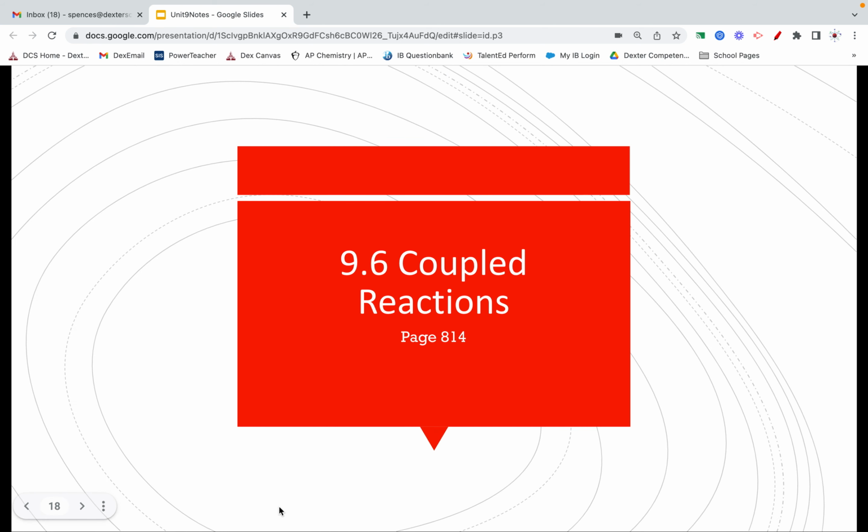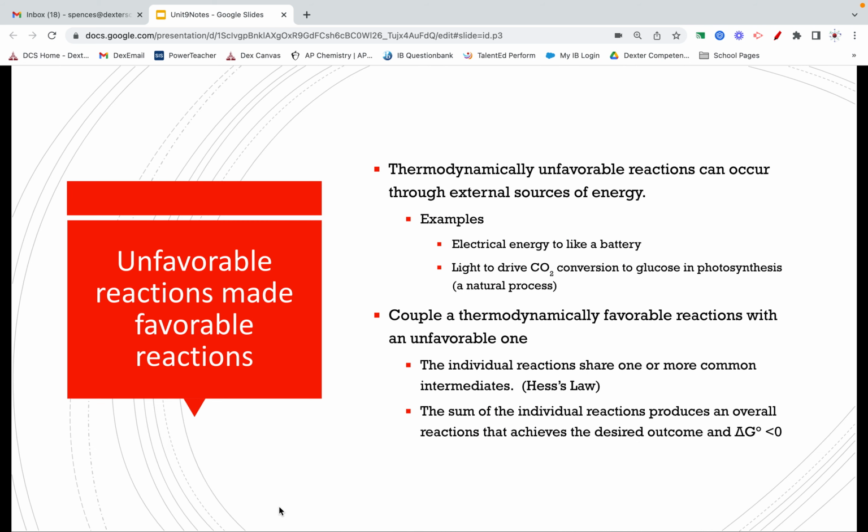9.6, coupled reactions. When we have an unfavorable reaction, but it's important in industry to have the reaction occur, they'll do something called a coupled reaction. Essentially, you have one reaction that is coupled to another.